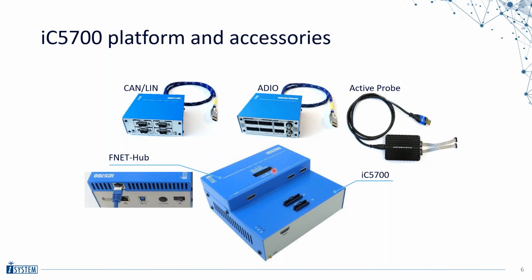The IC5000 can have a so-called FNet hub. This is an addition that offers additional FNet ports, so we can connect more external devices. On top of that, we also have a special Ethernet port that is used for synchronization, timing and debug synchronization.